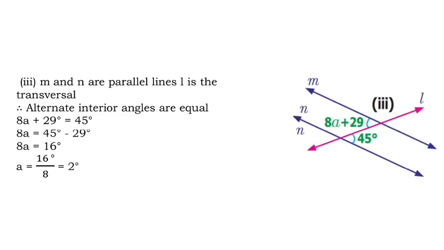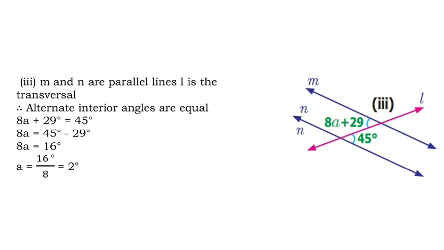M and N are parallel lines. L is the transversal. Therefore, alternate interior angles are equal. 8A plus 29 degrees is equal to 45 degrees. 29, when it goes to the other side, becomes negative.